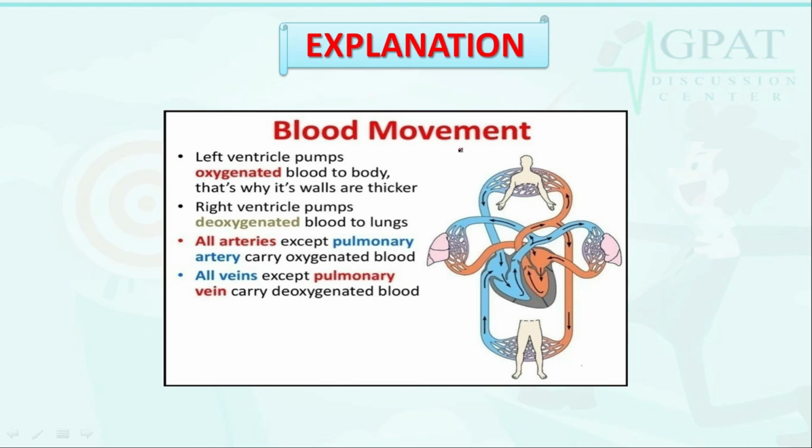Here we have the blood movement: the left ventricle pumps oxygenated blood to the body, and the right ventricle pumps deoxygenated blood to the lungs, and all arteries except the pulmonary artery carry oxygenated blood, and all veins except the pulmonary vein carry deoxygenated blood. Students, just try to note down these two short points.